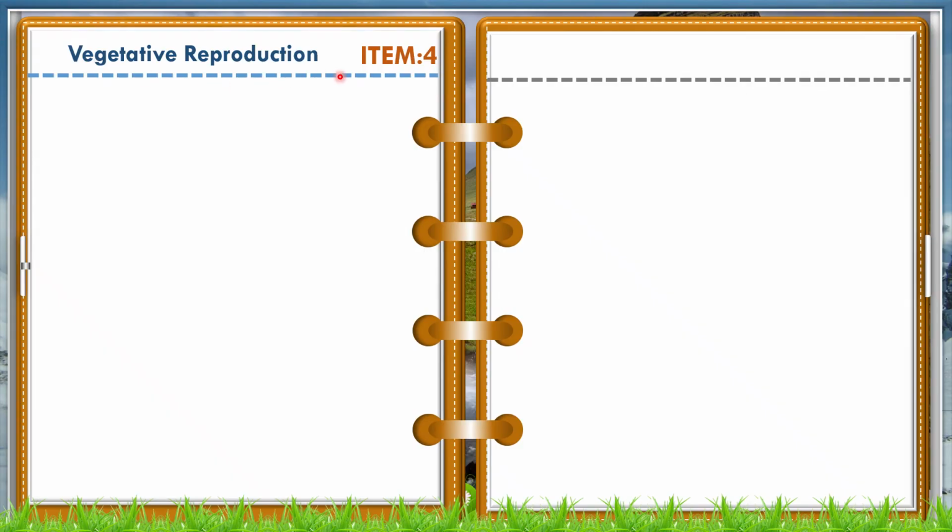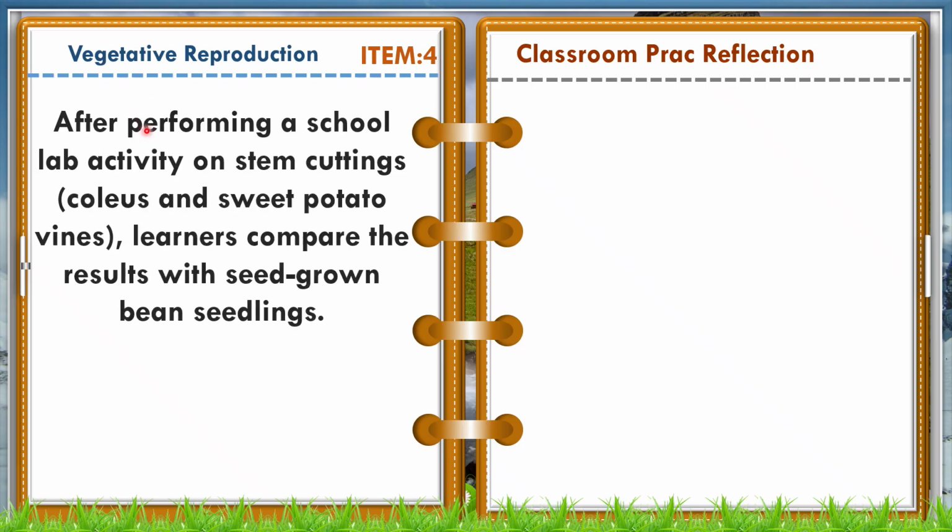Vegetative propagation item 4. Let's look now at the classroom practical reflection. After performing a school lab activity on stem cuttings, coleus, and sweet potato vines, learners compare the results with seed-grown bean seedlings.